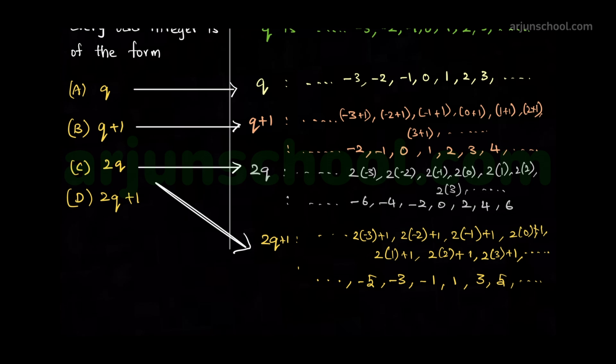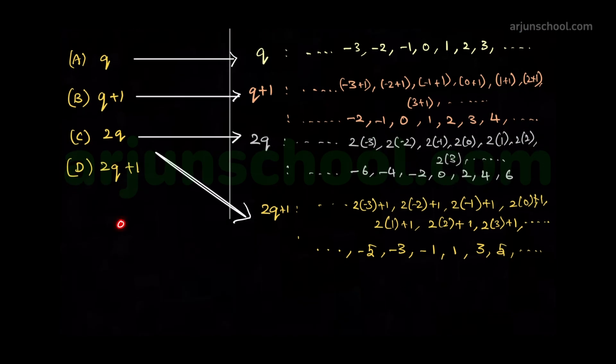Now let us analyze the options and try to find the correct option that contains only odd integers.